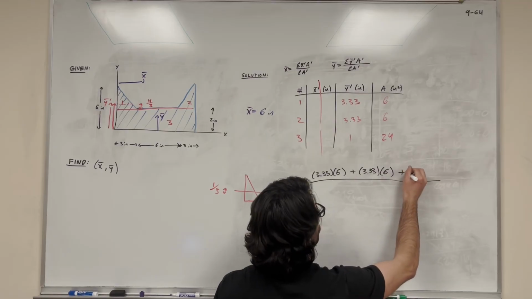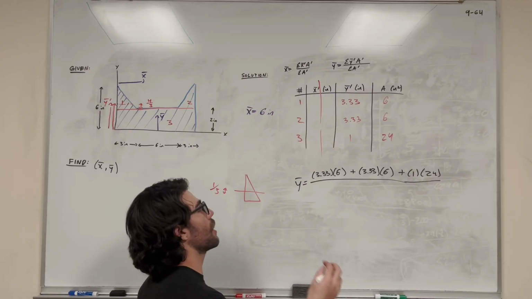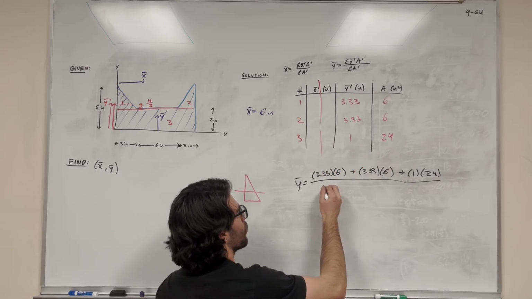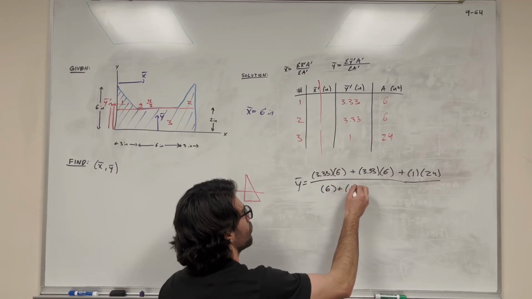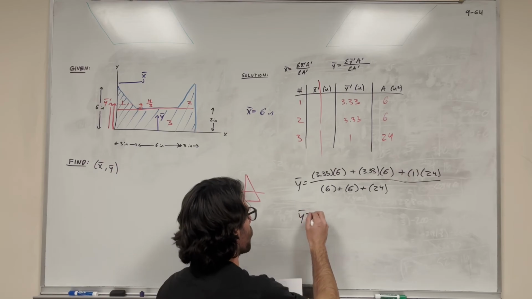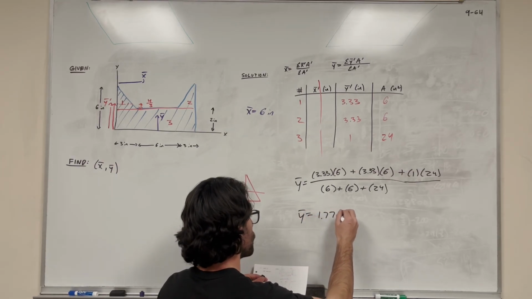Then we take the next one, which is 1, multiplied by 24. That's the numerator: multiplying y bar prime times area. Then on the bottom, we add up all the areas: 6 plus 6 plus 24. You get y bar, simply, is 1.77 inches.